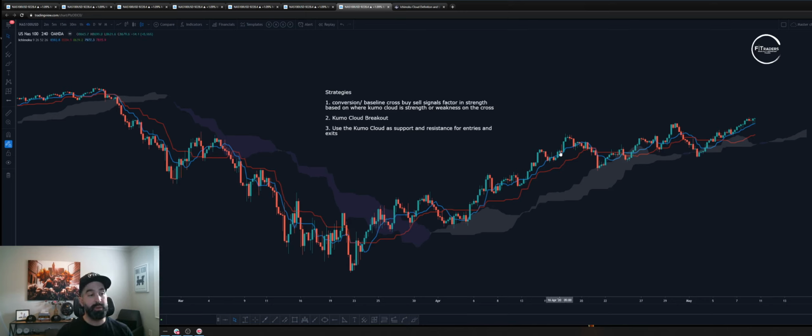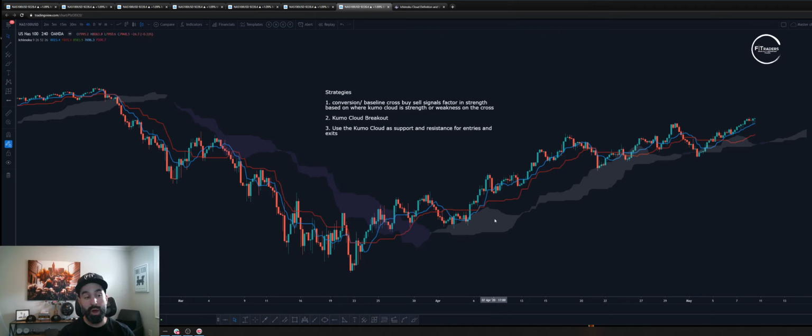So when you factor in the conversion and baseline cross, you want to factor in where the cloud is. Are we above the cloud? If you are above the cloud and you get a bear cross, it's not really that strong of a signal. If you get a bear cross and you are below the cloud, it's a very strong sell signal. Same thing for bullish.